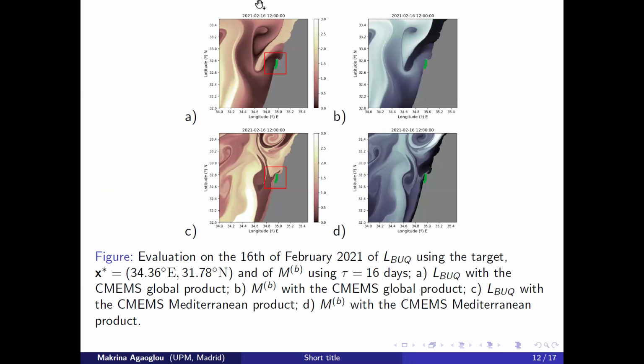It is what you can see in this first column, and the Lagrangian descriptors backwards in time, that's what you can see in the second column. In the first line, you can see the outcome for both methods using the first data set, that is a global model. And in the second line, it is the result using the second data set, that is the Mediterranean model.